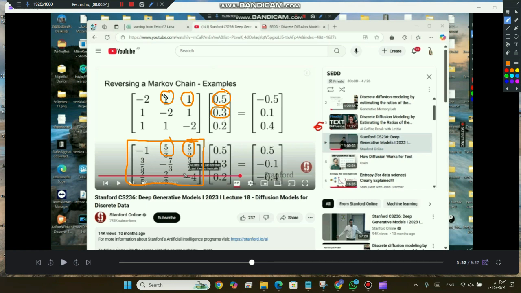When you multiply this element by the ratio between those two elements, you get this element in the reverse matrix. When you do the same for this one, except with the ratio between this element and this element, you will get this element in this matrix.